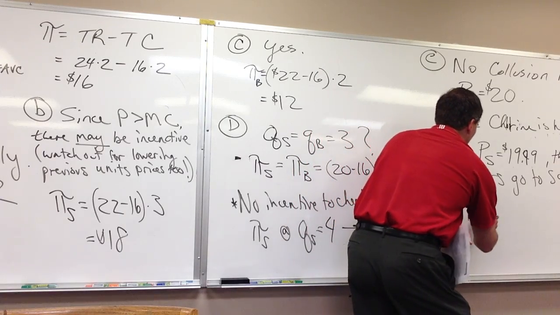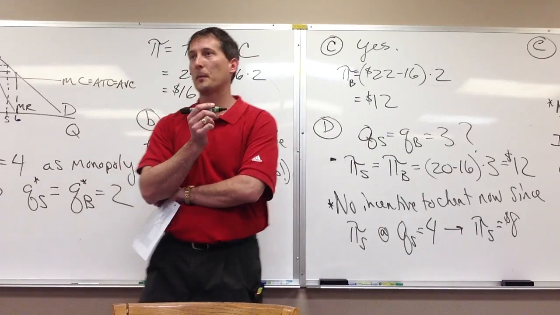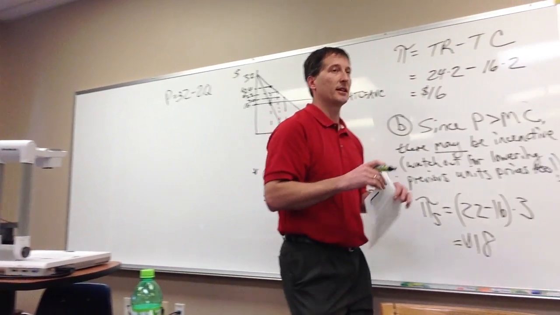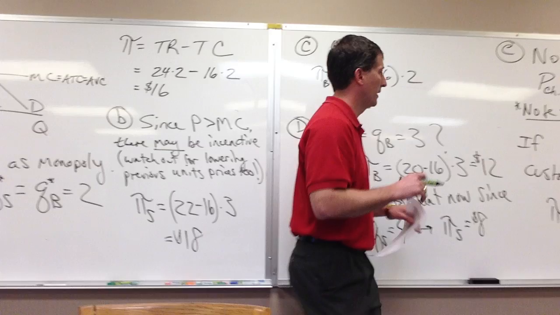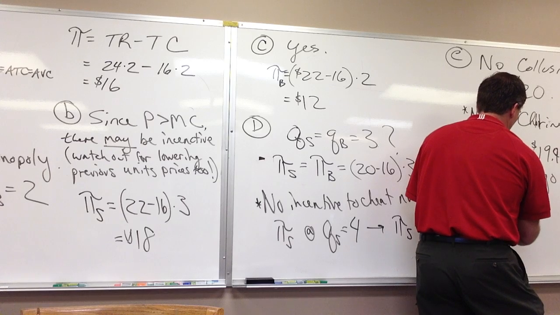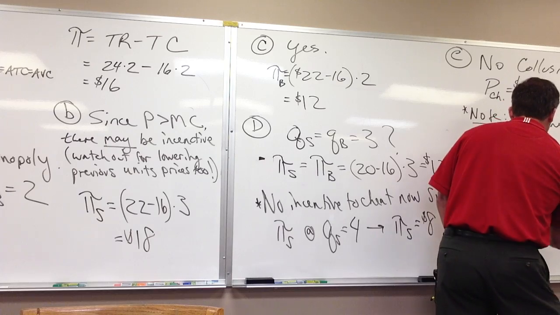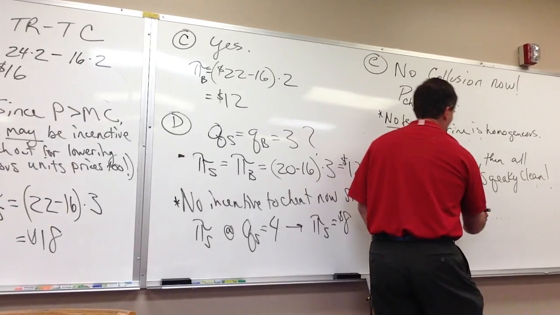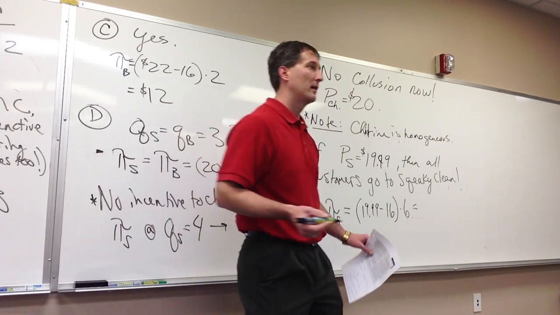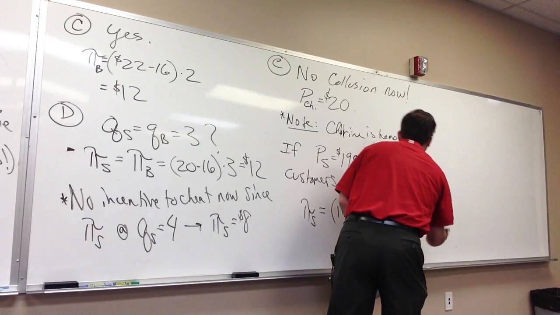Let's go ahead and calculate the profits then for Squeaky Clean. They have all 6, yep, under this setup. So the profits for Squeaky Clean equal $19.99 minus 16 times 6 equals how much? $23.94.